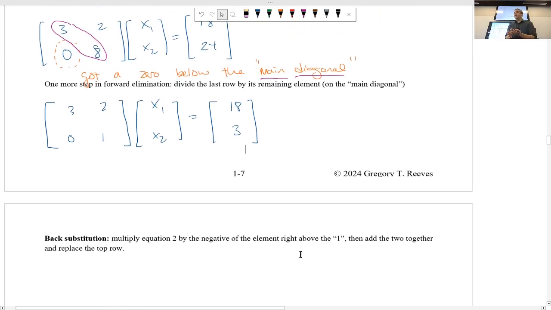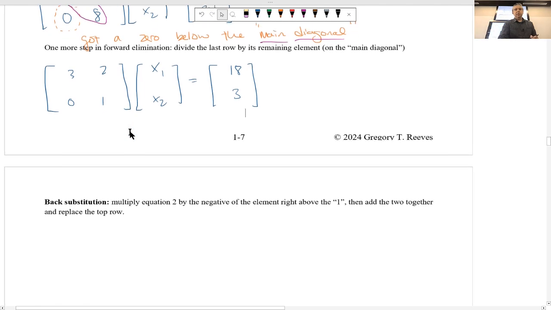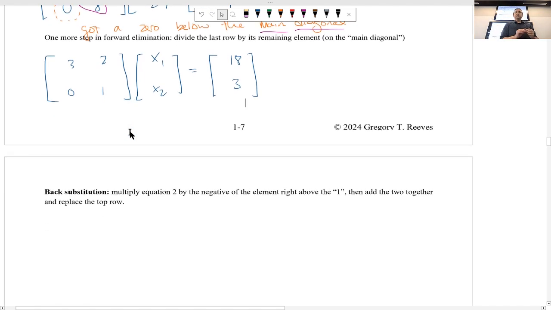Okay, so now that we have that, we have to do back substitution. Now we have to go back and try to eliminate all of the other coefficients that are not on the main diagonal. So to do back substitution, I'm going to take my bottom row and multiply that by negative 2.